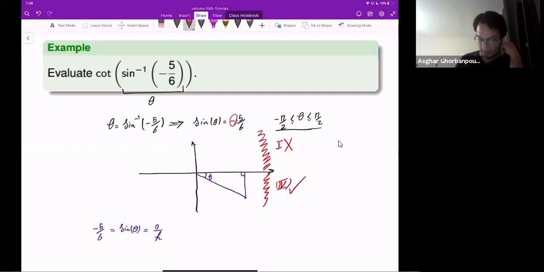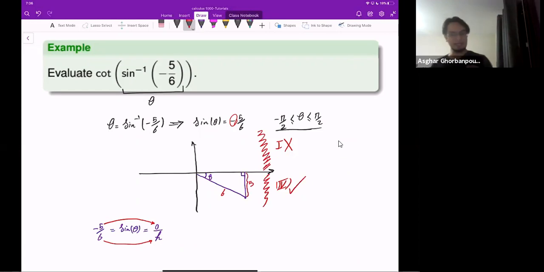Now, I can take a triangle whose opposite side is 5, so here, and hypotenuse is 6. I am just saying the length is 5, but that negative is because if you look at this point here, it will have the second component -5.